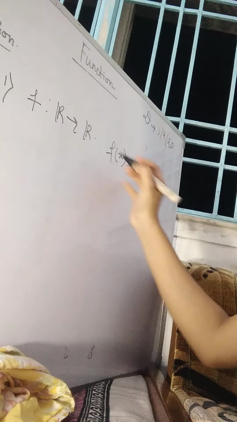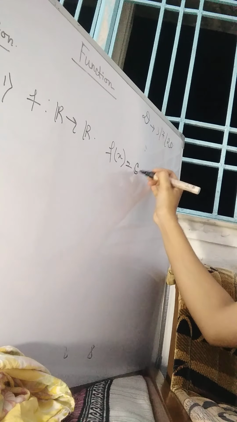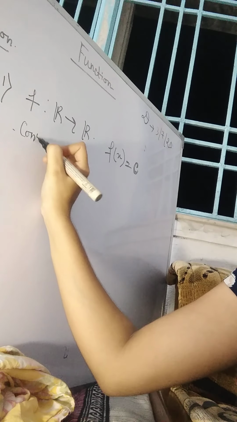Any number is mapped to a constant number c. This function is known as a constant function.